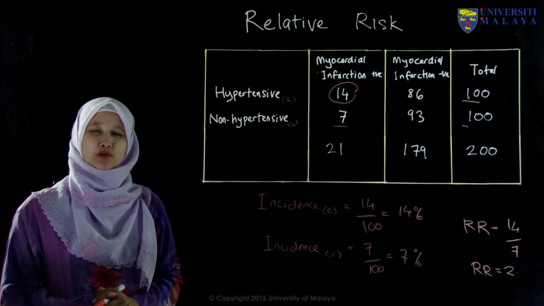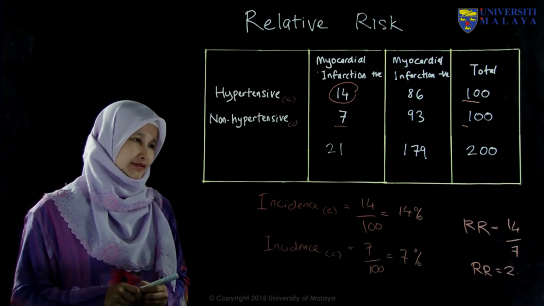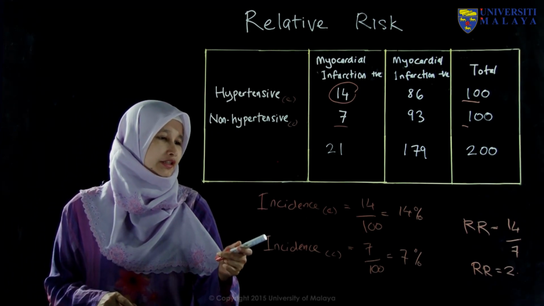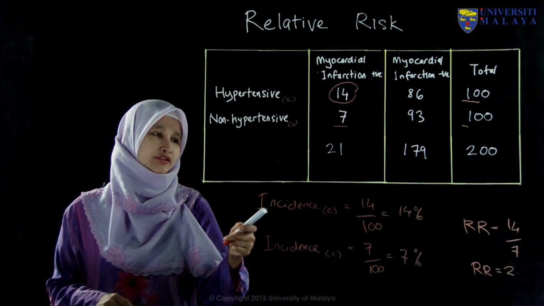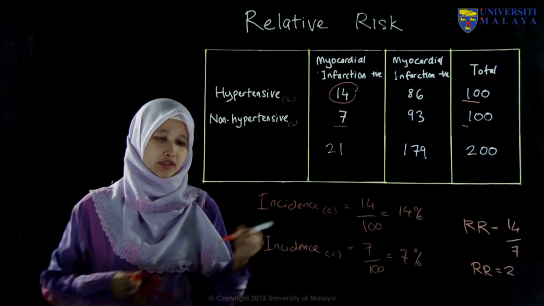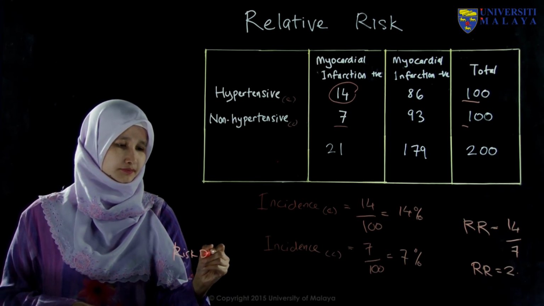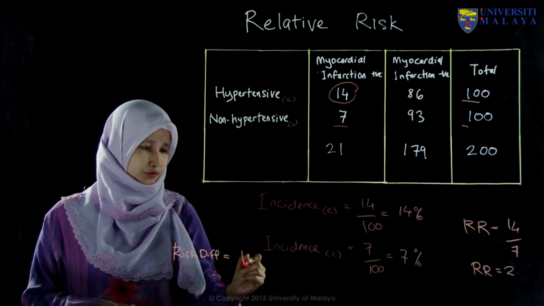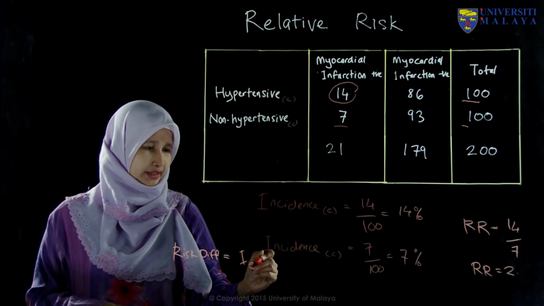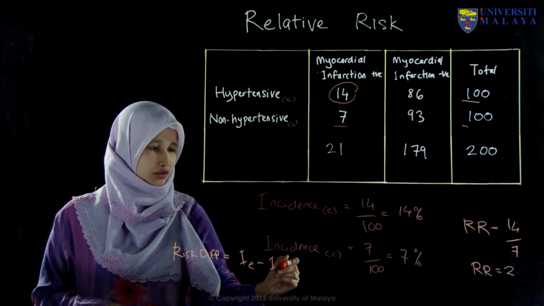Okay, from this table we can also calculate risk difference. Risk difference is simply the incidence of cases in the control group subtracted from the incidence of cases in the exposed group.